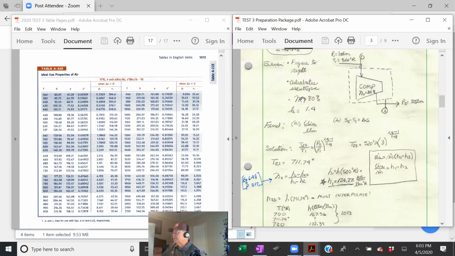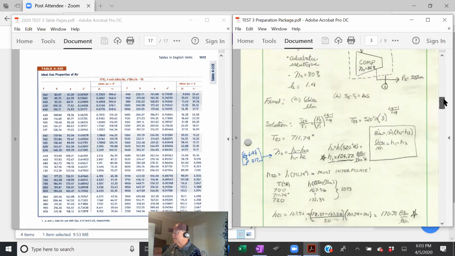We're given, I probably should have used a C subscript, N of S, that's 80%. That's this adiabatic isentropic efficiency of the compressor. But we're also given K is 1.4. Yippee, that makes it easier.